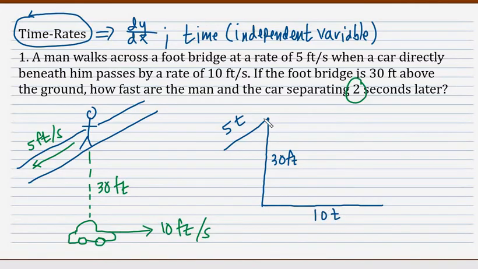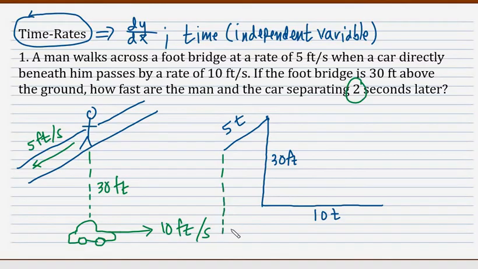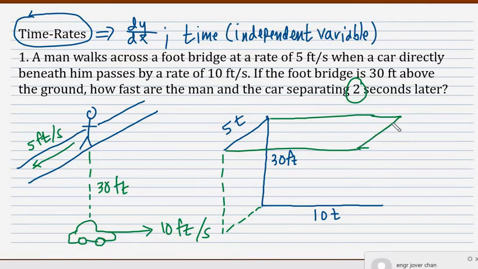So the problem happens exactly at this point, where t is the time afterwards. If we draw this, essentially it will look like a box, something like that.